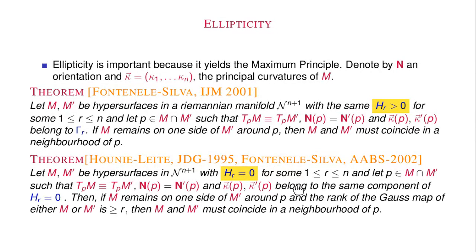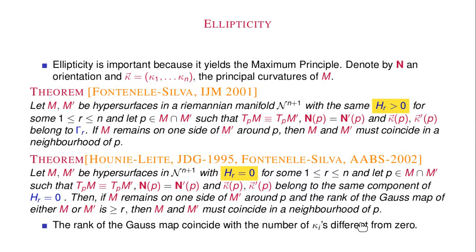You need, in order to have the maximum principle, a further assumption, and that is that the rank of the Gauss map of one of the two hypersurfaces is greater or equal than r if H_r is equal to 0. Okay, and then it works.